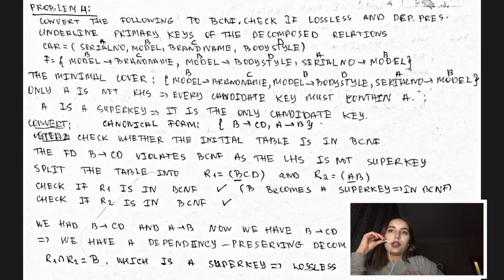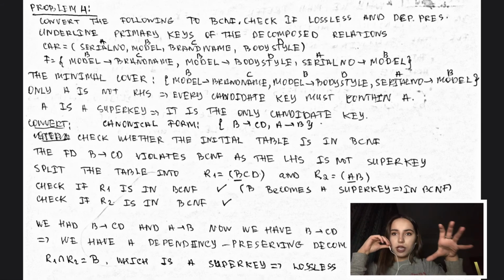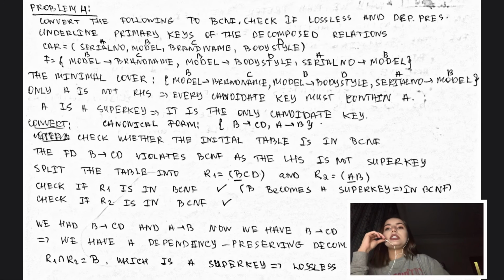Now we have to check whether the initial table is in BCNF. It's not, because the functional dependency B goes to CD violates BCNF, as the left-hand side is not a superkey. We split our initial table into R1 and R2 containing BCD and AB. So we check if R1 is in BCNF.